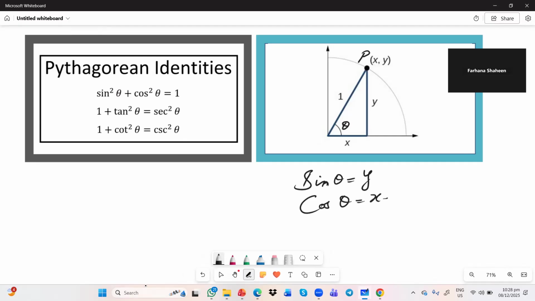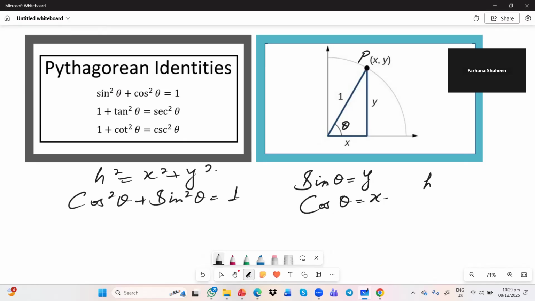Now using the Pythagorean theorem, we have hypotenuse squared equal to x square plus y square. So in our case, we will have cos square theta plus sine square theta is equal to 1 because the hypotenuse is equal to 1.